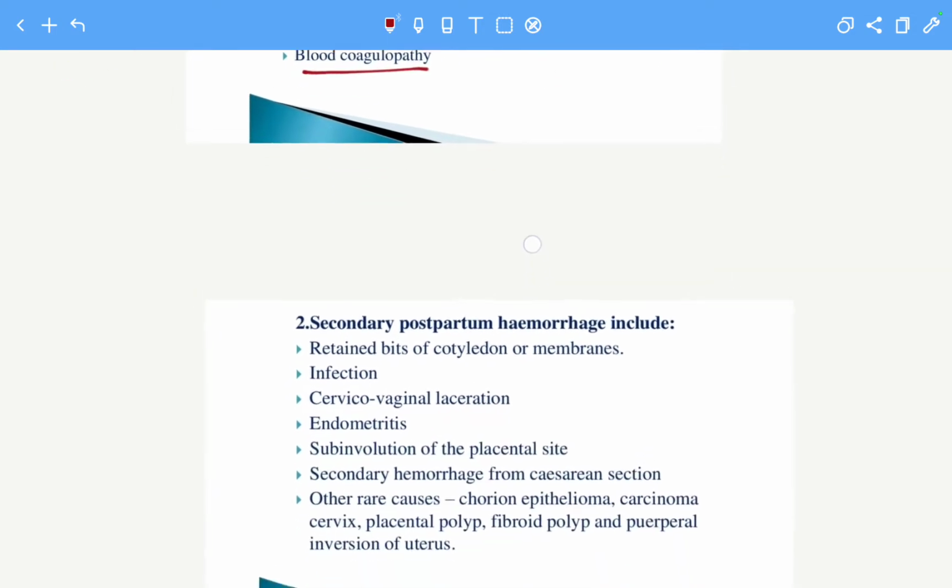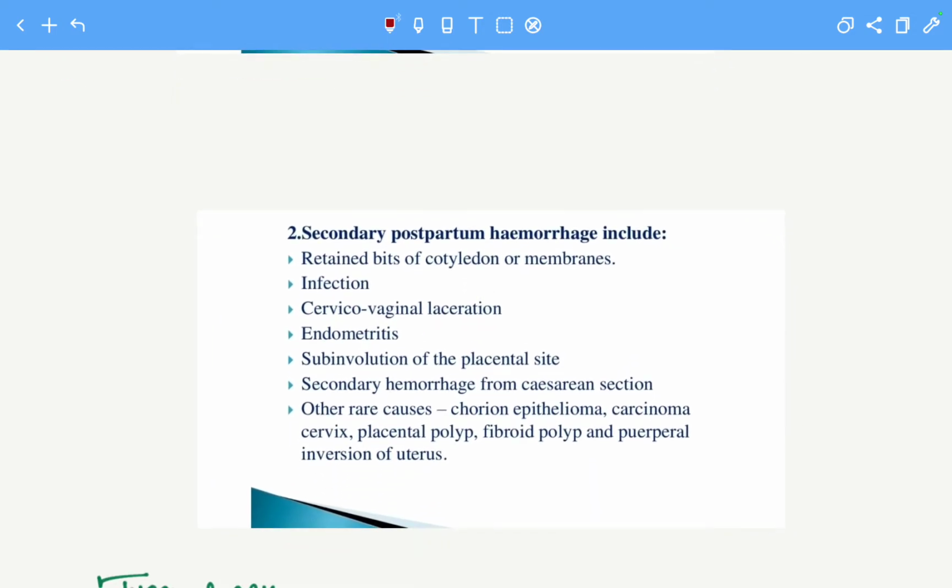Okay, now secondary PPH, actually secondary PPH, that will start after 24 hours, right, that may be up to 12 weeks, right. So the causes of secondary PPH is retained bits of cotyledon or membranes.